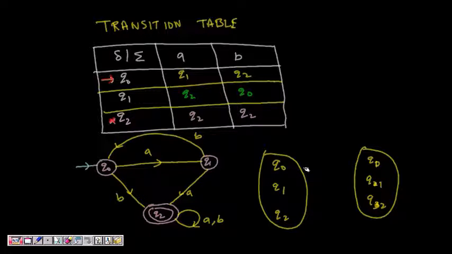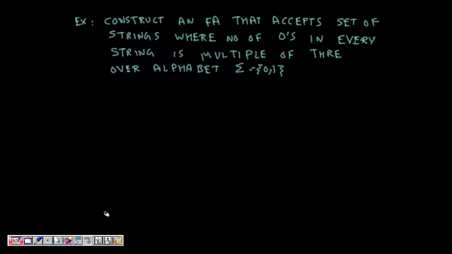In Q0, I see A, I go to Q1. So this is on A. Then from Q0, if I see B, I go to Q2. In Q1, I see A, I go to Q2. So something like this, you can do a one-to-one mapping.